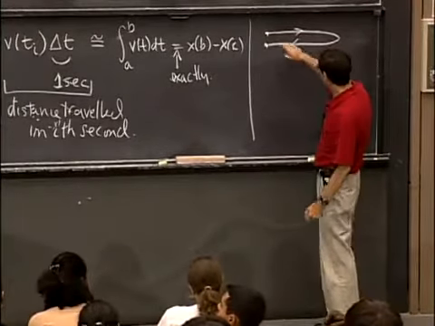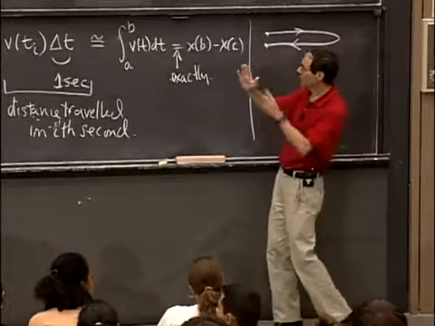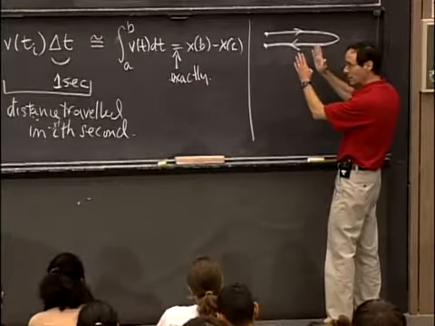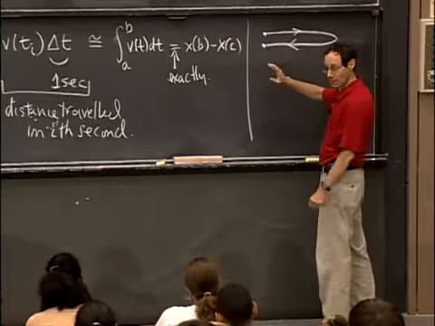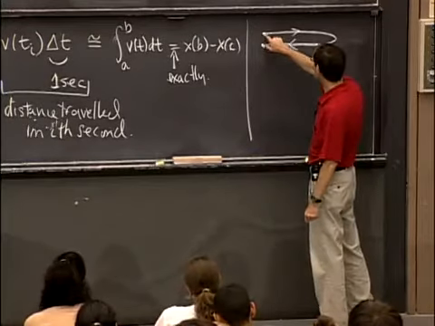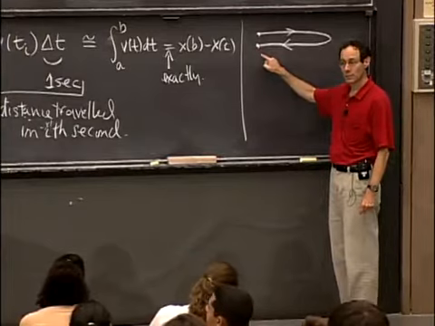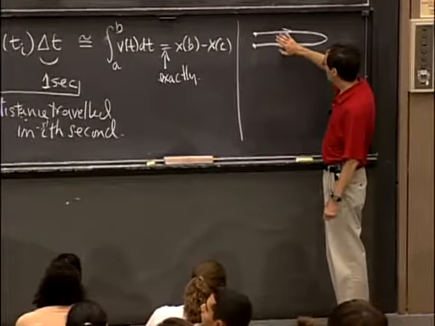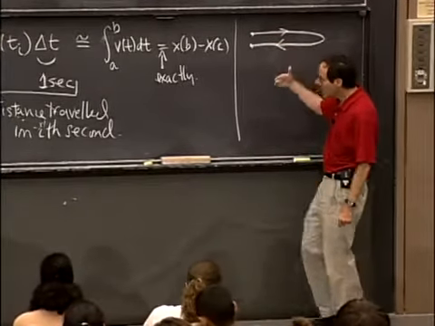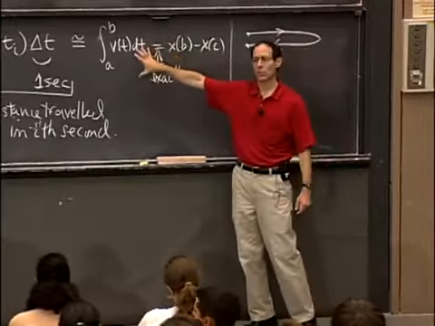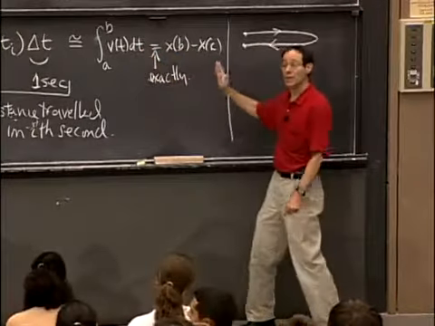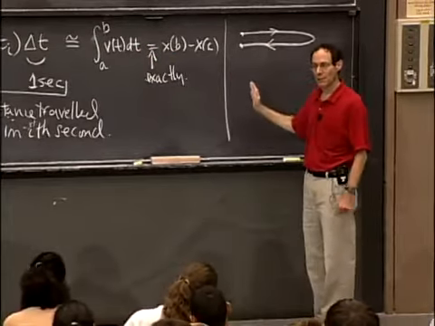In that case, you would keep track of the absolute value of the velocity, whether it's positive or negative, and then you get the total length of this curve here. That's, however, not what the definite integral measures. It measures the net distance traveled.